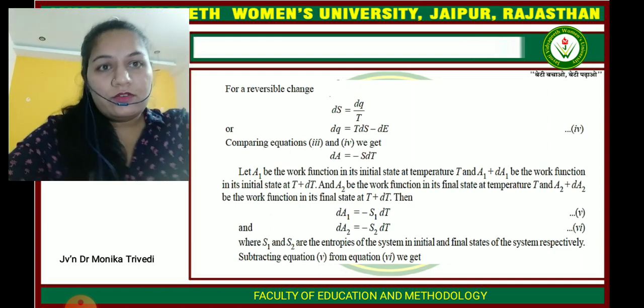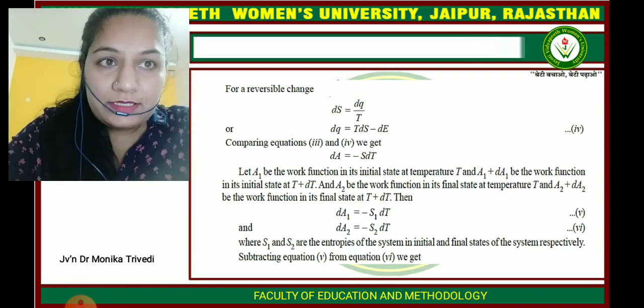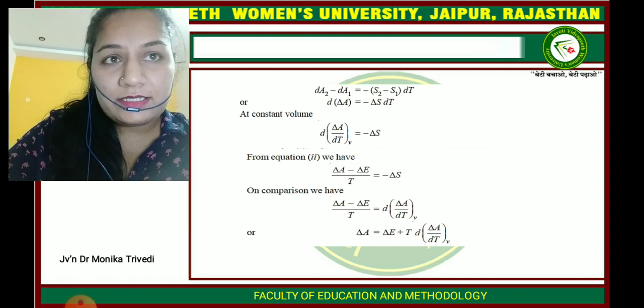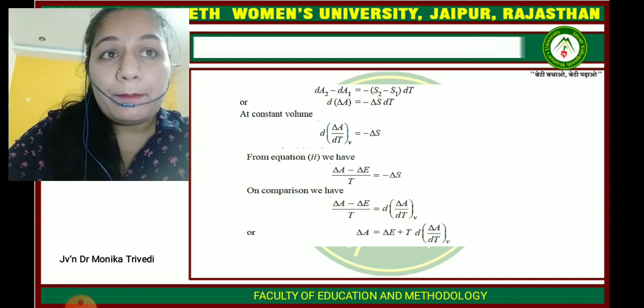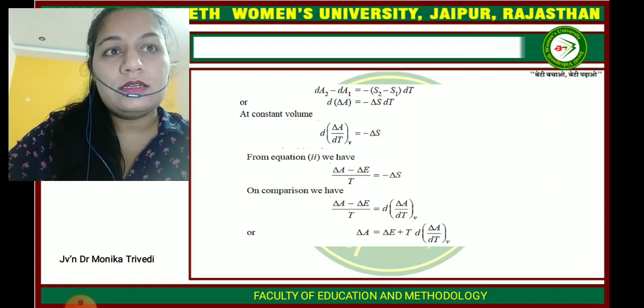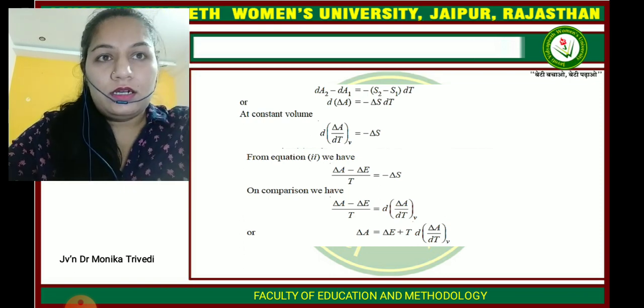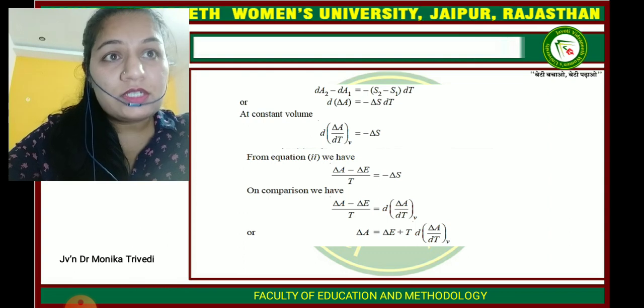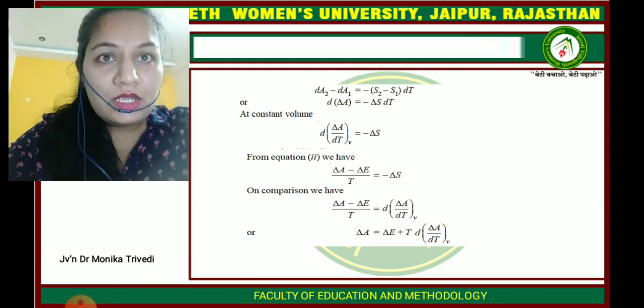Subtracting equation 5 from equation 6, we get dA2 minus dA1 is equals to minus (S2 minus S1) dT. We know A2 minus A1 is the change in work function, and S2 minus S1 is the change in entropy.